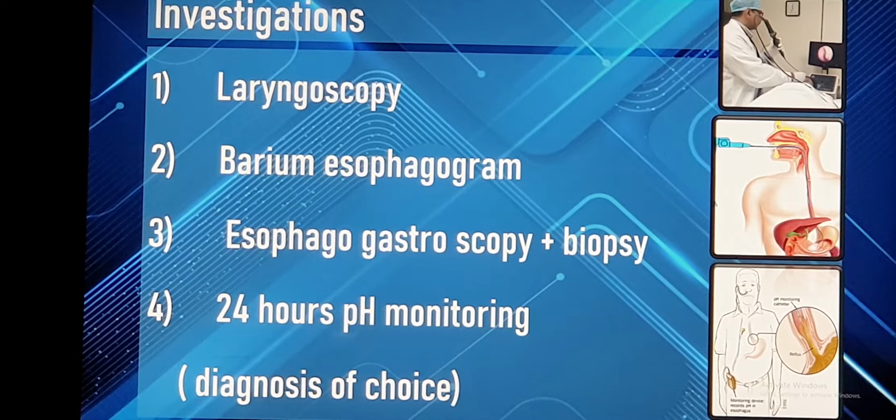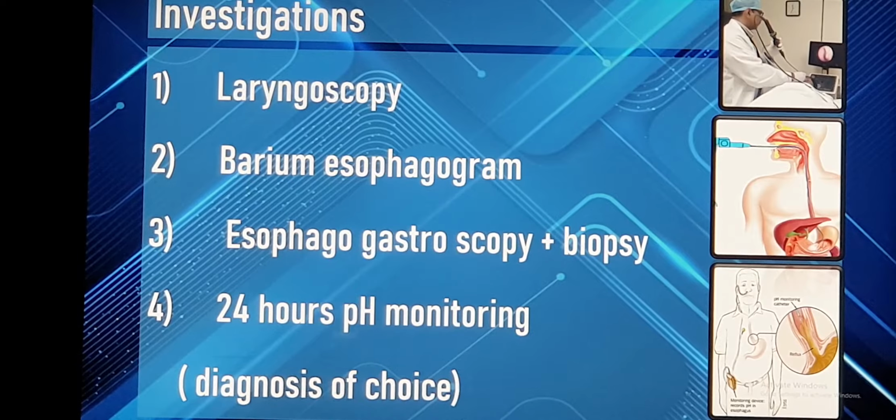H. pylori is a type of bacteria whose presence in the stomach can induce and aggravate acidity, which can in turn lead to gastric reflux. So, if the H. pylori test comes positive, then we have a specific treatment for that and the patient will get cured also.